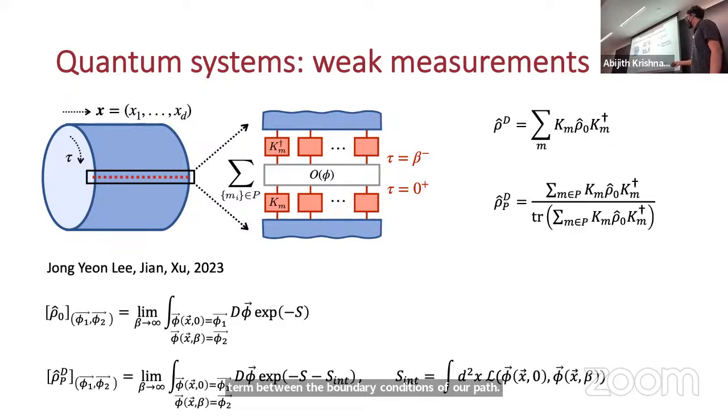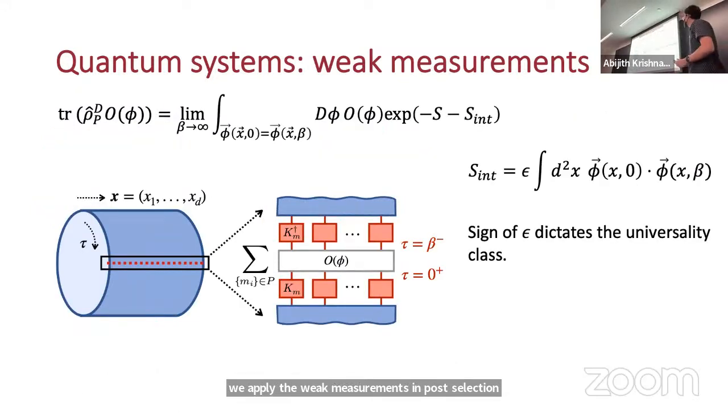So this is what it ends up looking like when we apply the weak measurements and post-selection. And if we want to make a measurement of an observable in this post-selected state, we take the trace of the post-selected density matrix with the observable, and we end up with this expression for the path integral. Here, since we're taking a trace, we identify the two boundary conditions with each other.